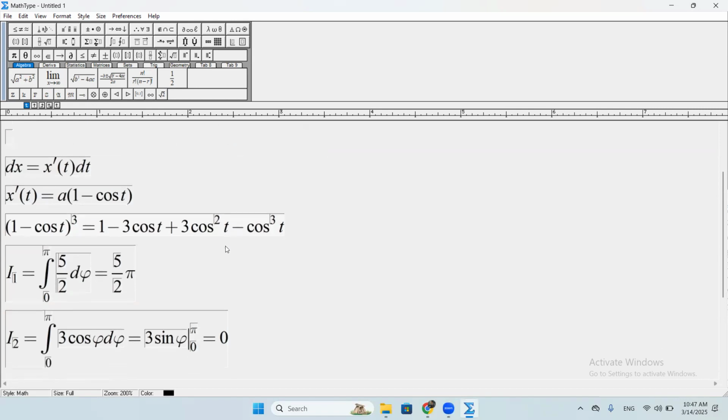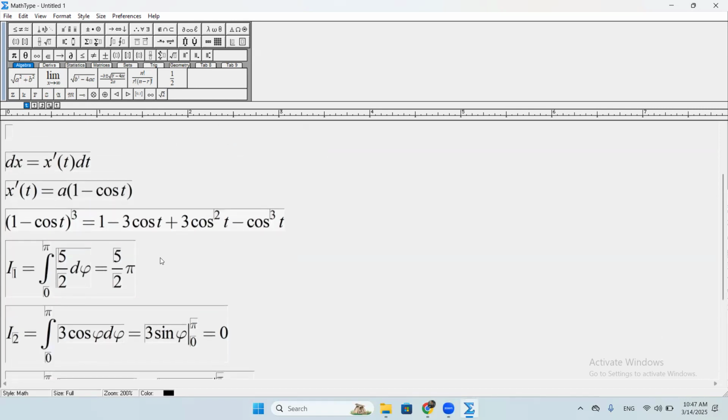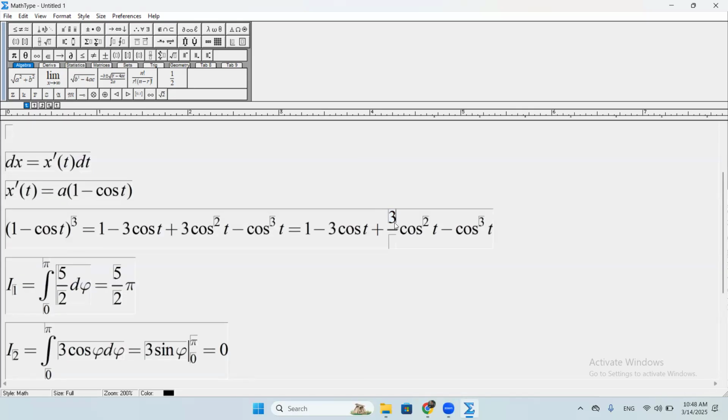Sorry, minus cosine cube t. Let's also rewrite it a little bit: we have 3 over 2 here again, so 3 over 2 plus 3 over 2 cosine of 2t.